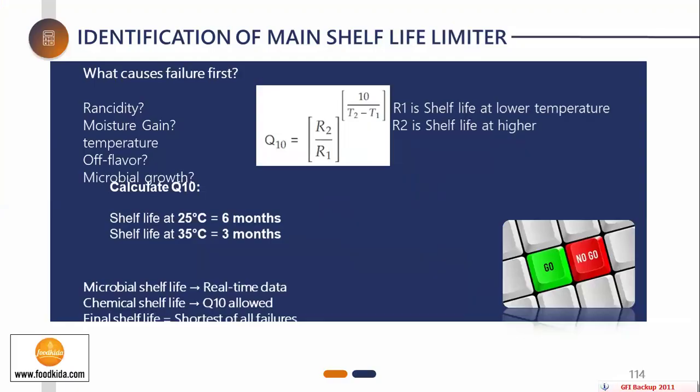That whole is raised to 10 divided by T2 minus T1, where T2 is your 35, T1 is your 25. So you conduct it for 1 month or 2 months, whatever. Say it is 6 by 3: shelf life at 35 for 3 months, and shelf life at 25 for 6 months. So calculate what Q10 value you get with this formula.